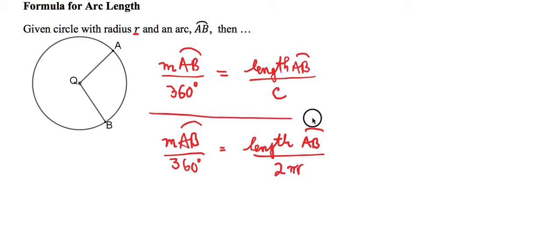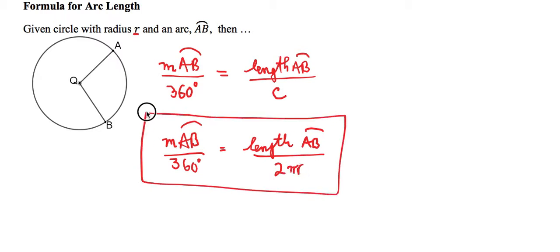Either of these formulas would work. I like to use the second one more likely than not, just because it is a little bit more comprehensive. Okay? So let's look at a quick example of how we can do this.